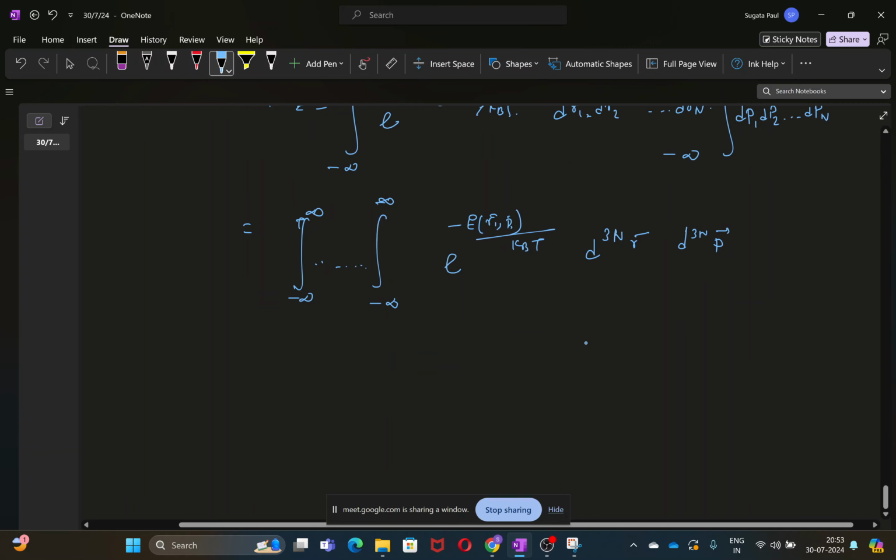Now what will be the case is that, in the presence of a magnetic field, the momentum value changes.